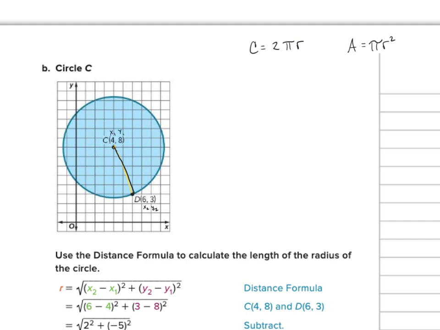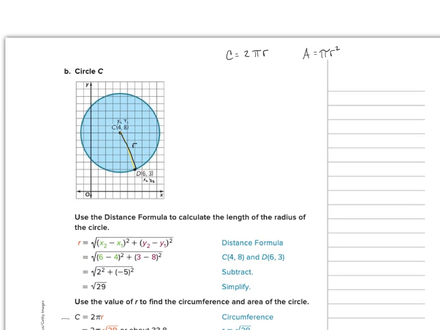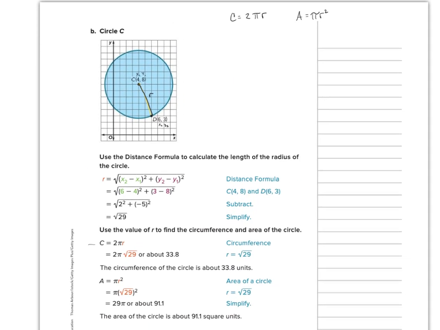And now I can use the distance formula to find out what r is equal to, and that's what they've done here. And then once I do that, all I have to do is substitute in r, and then I can find both the circumference and the area. And that's what they've done here. So they determined using the distance formula that the radius was the square root of 29.